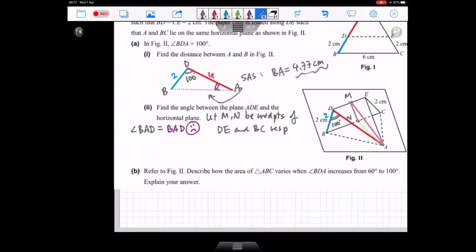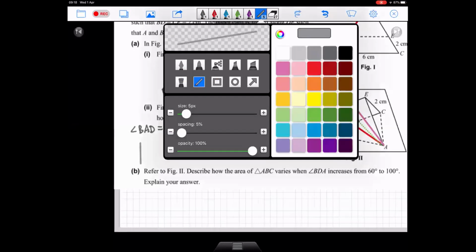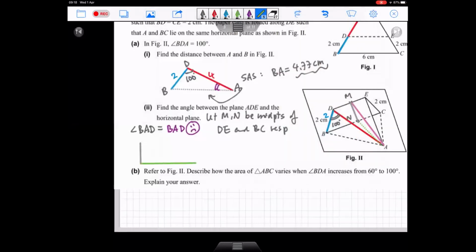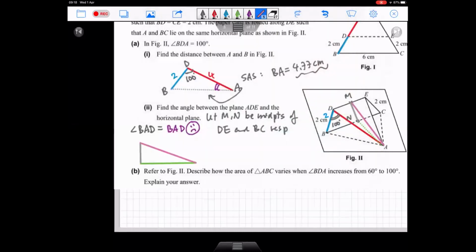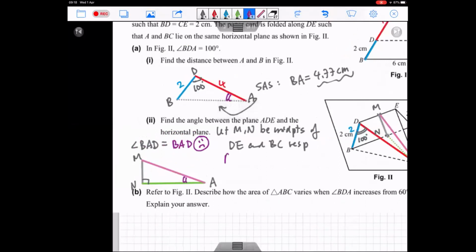If you put down the triangle AMN, you discover that it is in fact a right angle triangle. The green line will be here, and the pink line will be here. This is a triangle AMN. This is a right angle, and this is the required angle. Then the required angle is angle MAN.